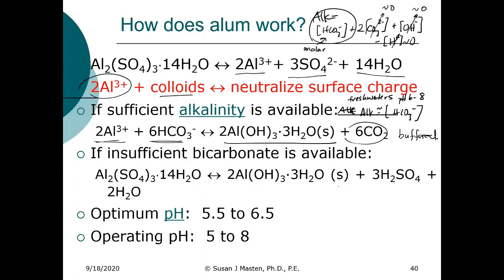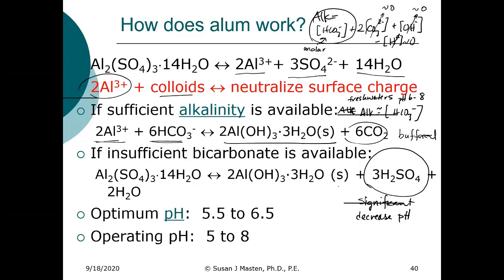If you have insufficient alkalinity, then what you produce is sulfuric acid, and you will have a significant decrease in the pH.